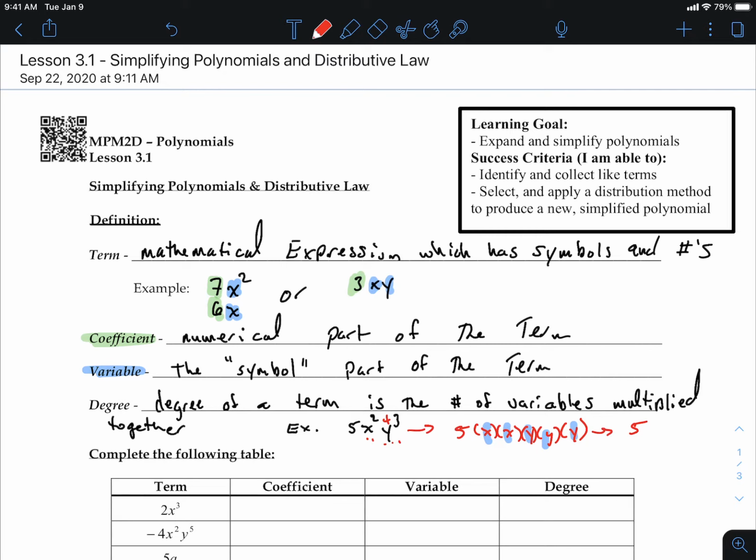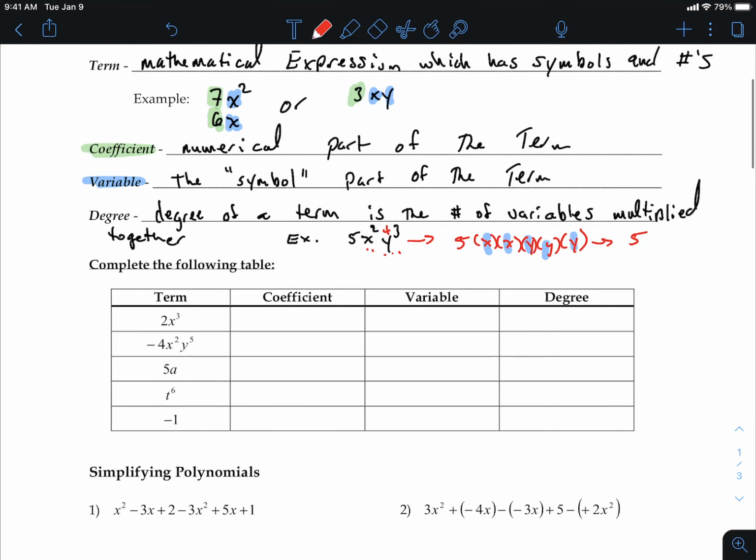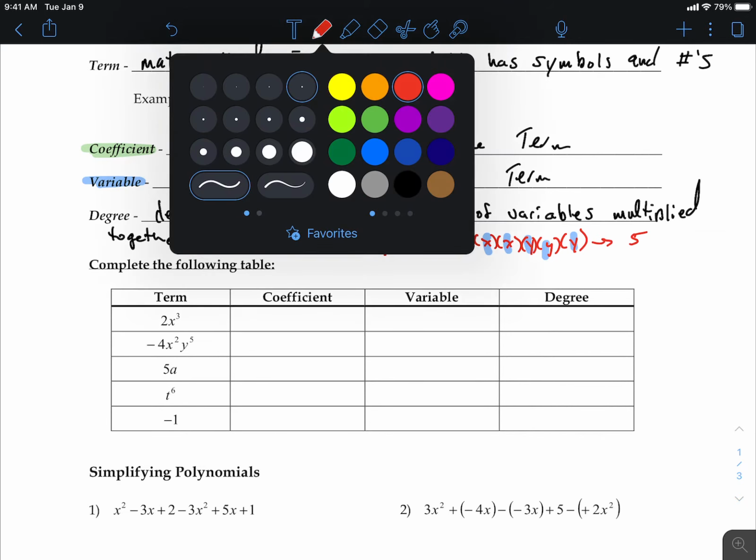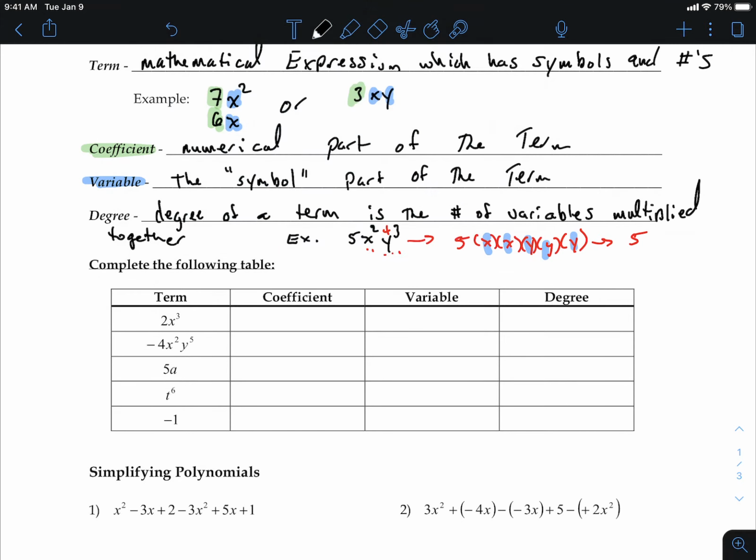So we'll run through some practice ones down here in the table. Remember what the coefficient is? It's just the number portion. What's the coefficient in the first one here? 2. Let's do all the coefficients first. In the second one, I have a coefficient out front.